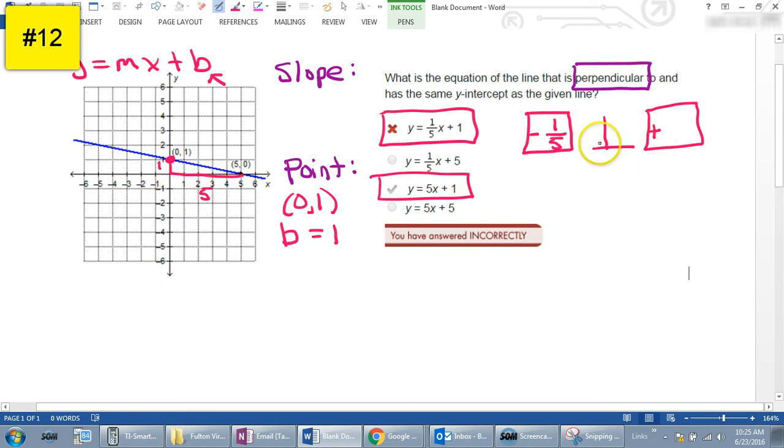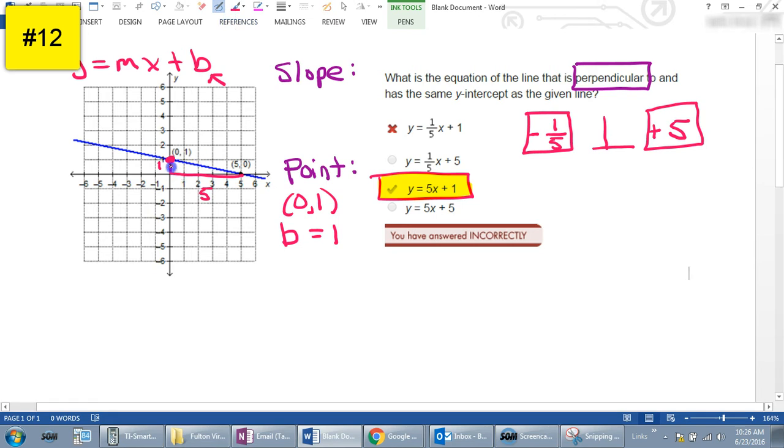Okay? So if the original line has slope of negative 1/5, what will be the slope of a perpendicular line? That would be 5. That would be 5. Alright, so that tells us that it's going to be the second one. Yep.